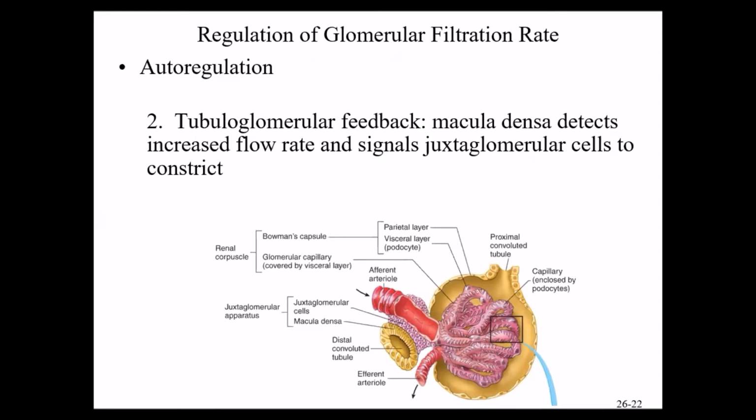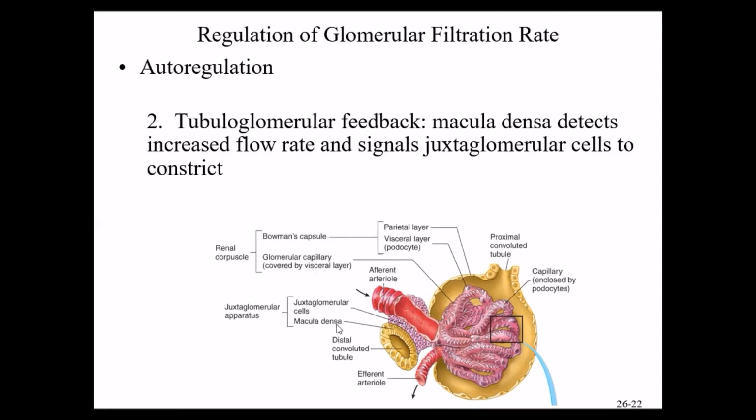What's happening now is that it's trying to detect how much filtrate is coming through the distal tubule. Again, these cells are located here, and you can see this diagram. It's a little different than the first one I showed you, but here's your distal tubule. It's right up against the juxtaglomerular cells here. Here's your afferent arteriole coming in, bringing blood into the renal corpuscle for filtration.